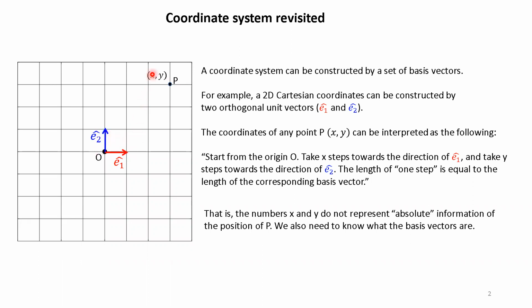Then you know that x means you walk along e1 for x steps, and y means you walk along e2 for y steps. Of course, in the Cartesian coordinate system, everything is well understood: one step along the horizontal direction and one step along the vertical direction. So we don't really write down the basis vectors every time we use this coordinate system.